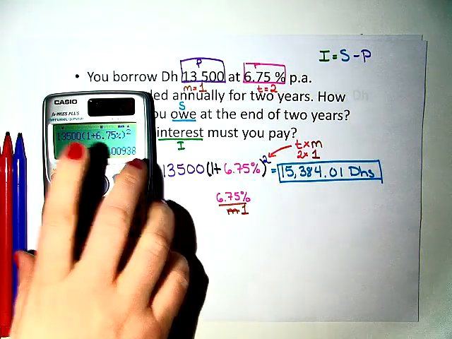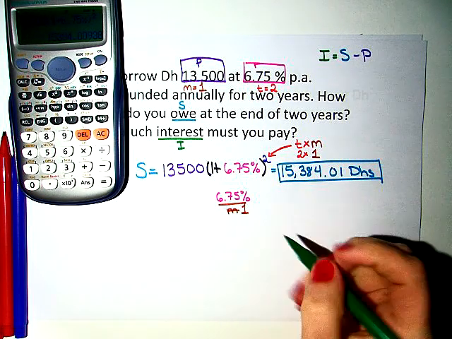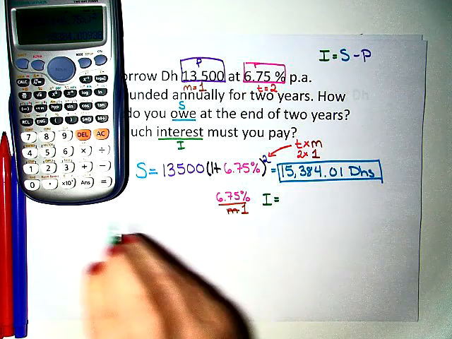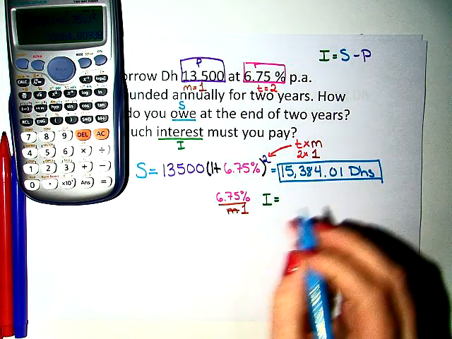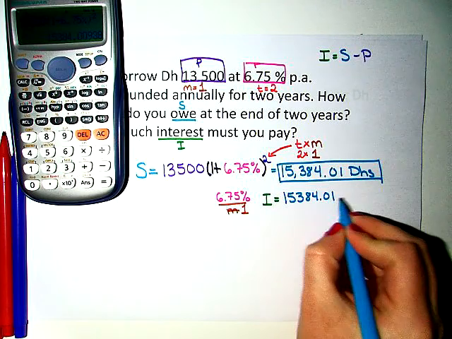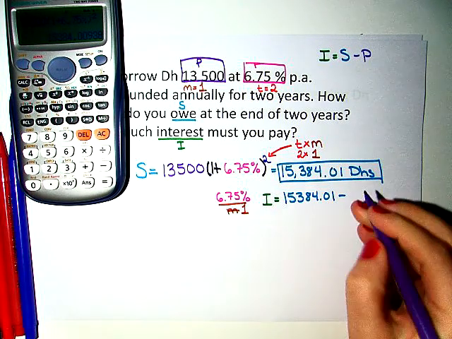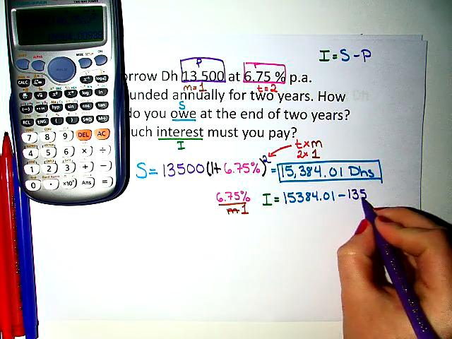Now the next question that it asks is, how do we find interest? Well, to find interest, you need to take the full maturity value, 15,384.01, and subtract the principal value, or 13,500.